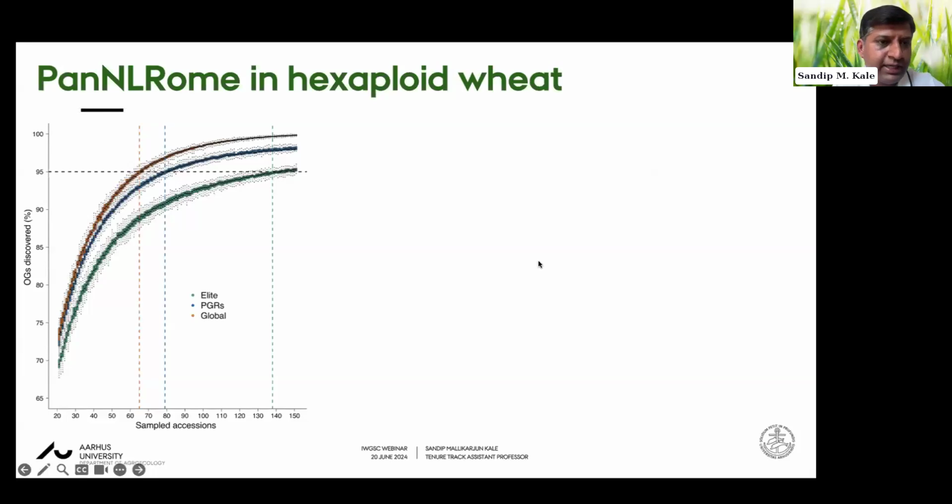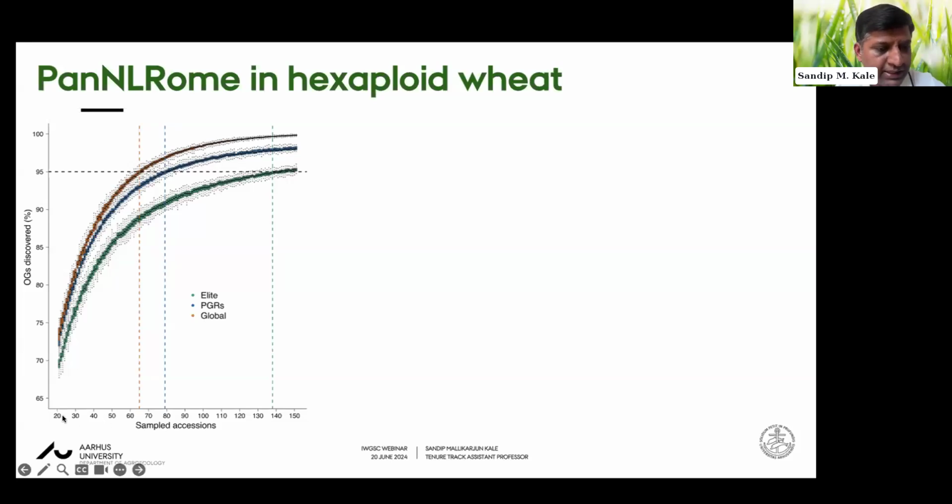But we got the data to predict how many accessions are needed to capture the entire NLRome from this winter wheat. And we used the clusters we identified to perform the saturation analysis.